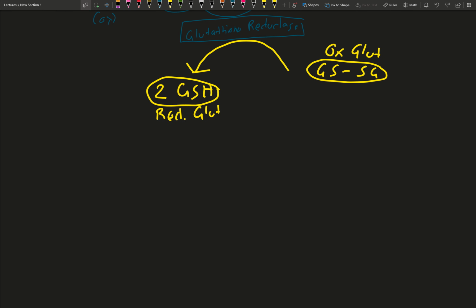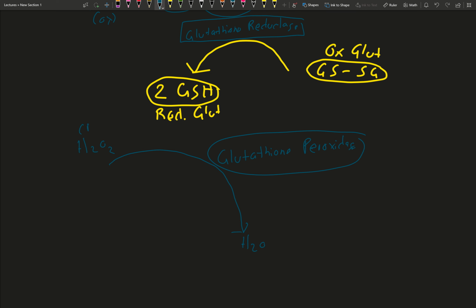So if we go down the line, we can see what is facilitating this as well. This reduced glutathione works with another enzyme called glutathione peroxidase, which is able to convert peroxides into water.